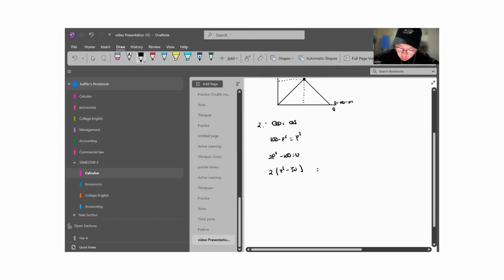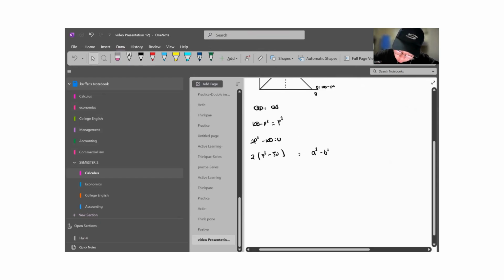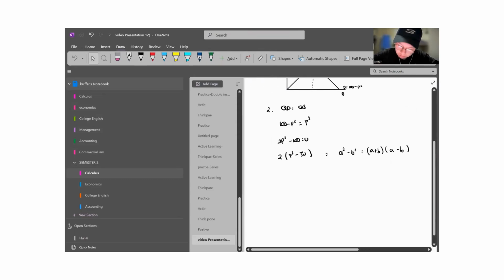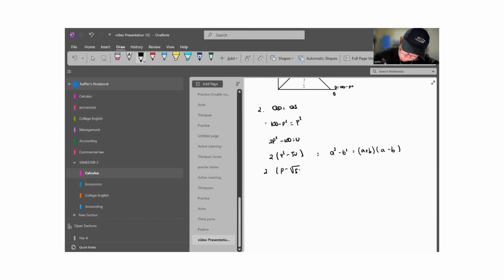From this, we know there is a function that A square minus B square equals A plus B, A minus B. So for this one, it's going to be P minus root of 50, and this is P plus root of 50.